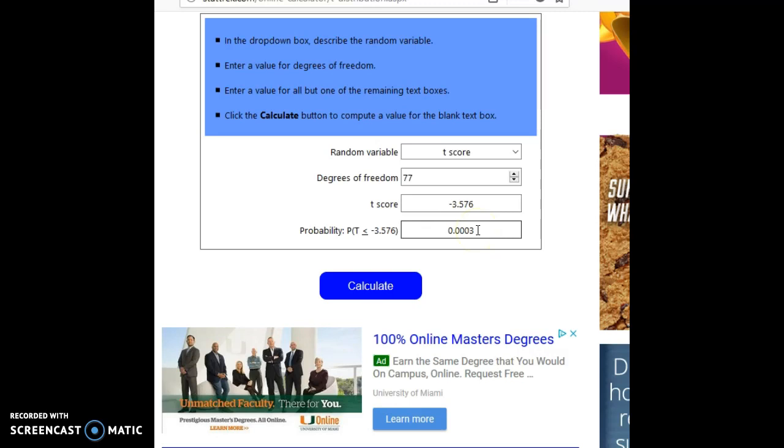For a one-tailed greater than, the p-value that we get, we have to subtract from 1, just like we did when we were doing greater than probabilities before. Hopefully that clarifies things a little bit, but if not, just shoot me an email.